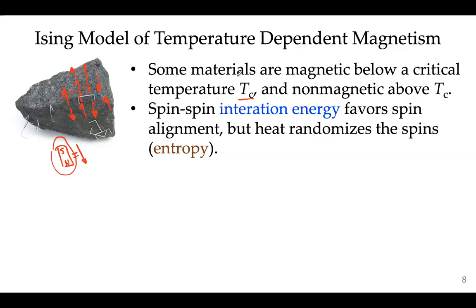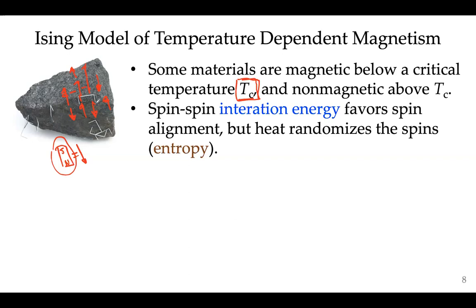Below that critical temperature, the material is magnetic; above it, the material loses that magnetic property. So the critical temperature Tc is important here. What happens at Tc is called a phase transition in physics, like the phase transition of water from solid to liquid, but here it's a transition between magnetic and non-magnetic phases.